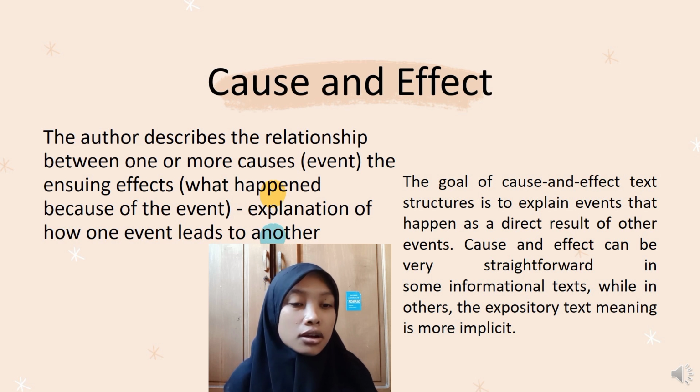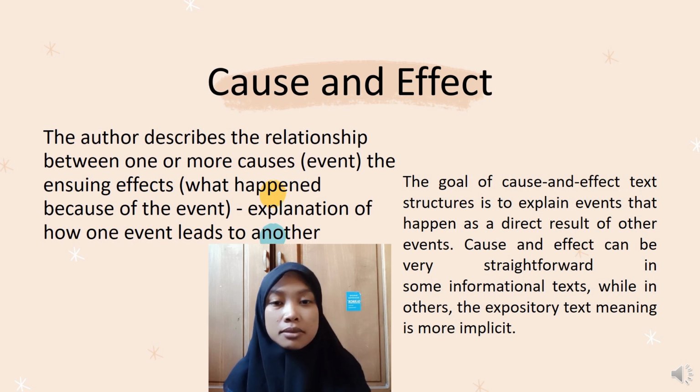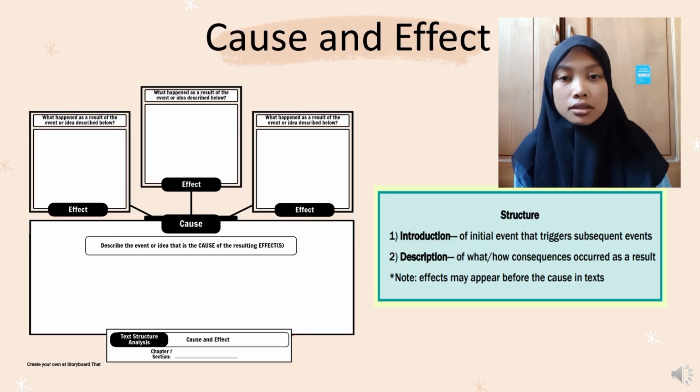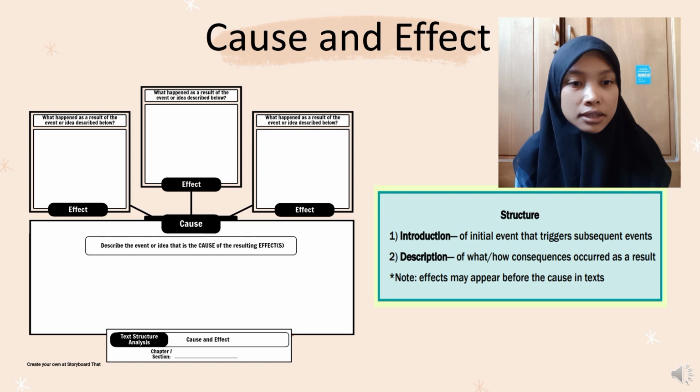The goal of cause and effect text structure is to explain events that happen as a direct result of other events. Cause and effect can be very straightforward in some informational text, while in others, the expository text meaning is more explicit.